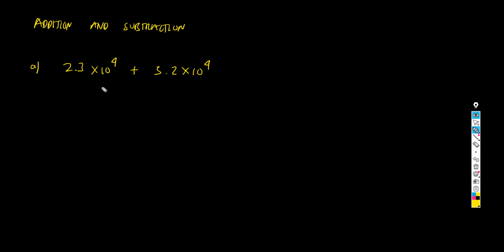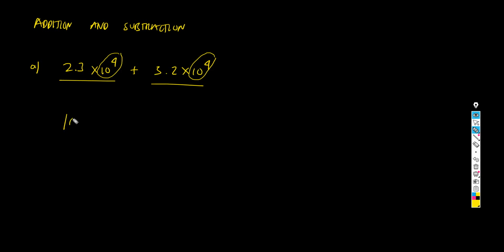So what we do is this. It's a very simple idea. If you notice, we have this number times this factor, and in here we have the same: 3.2 times 10 to the 4. So all of this number and all of this number share a common factor, and that common factor is 10 to the 4.